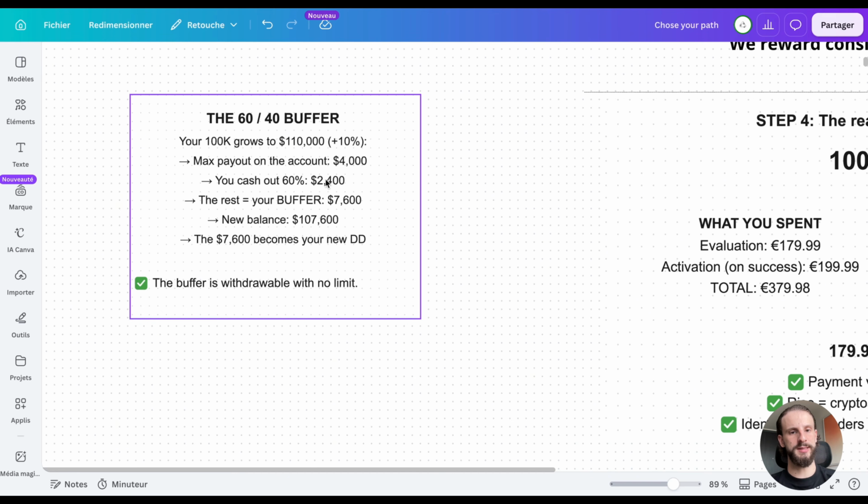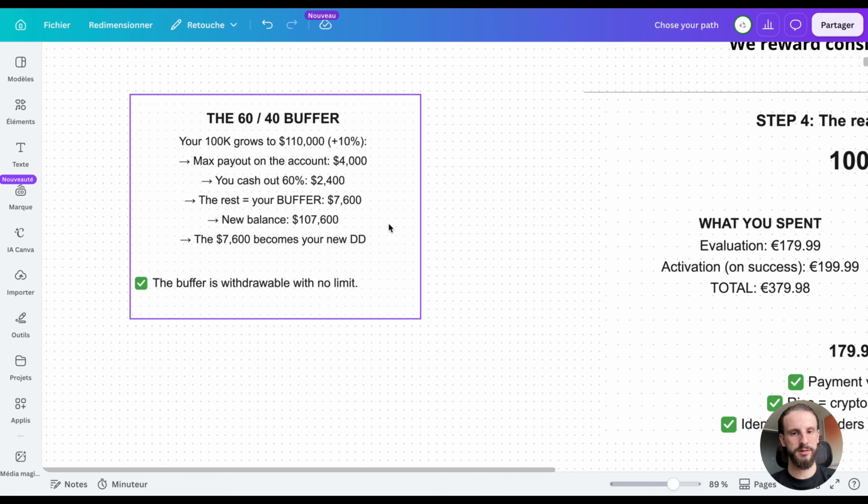We're gonna pay you 60% of that, so the exact same amount, $2,400 for you, and everything else stays on your account. So, in this example, your balance after the payout is $107,600. That is your 110,000 minus the 2,400 we pay to you.